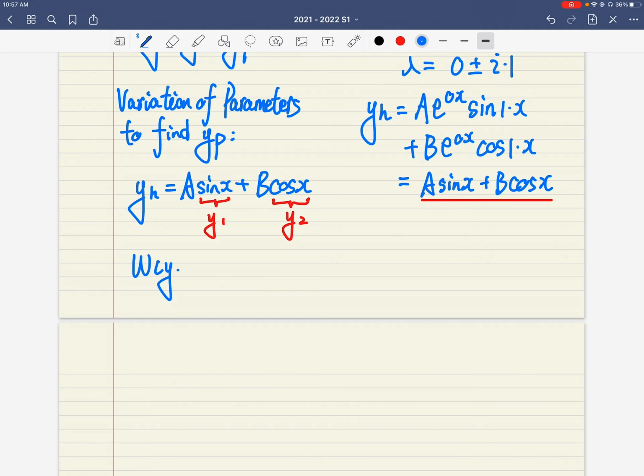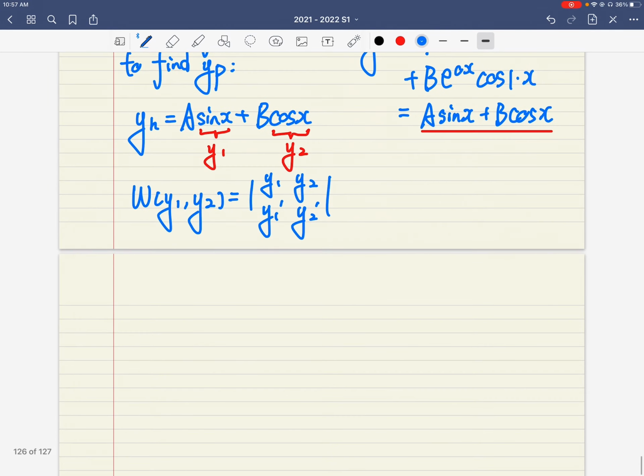The Wronskian of y1 and y2 is the determinant of y1, y2, y1's derivative, y2's derivative. So let's do it. y1 is sine x, y2 is cosine x. What is sine x's derivative? Cosine x. What is cosine x's derivative? Negative sine x.